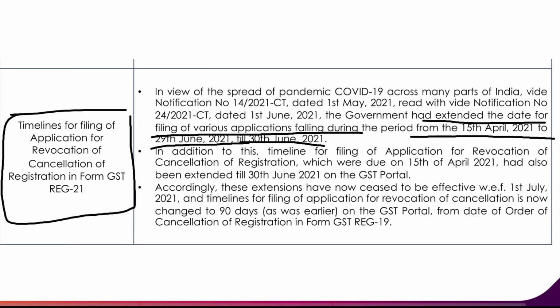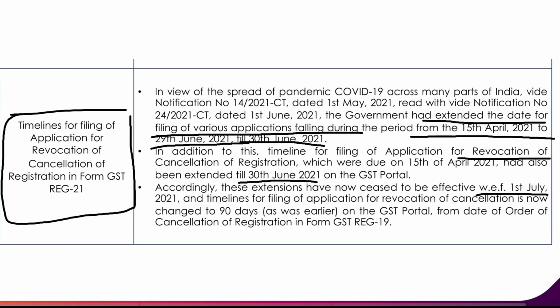If your registration was cancelled and you want to apply for revocation of the cancellation, then generally 90 days is applicable. During the pandemic period, from 15th April 2021 till 29th June 2021, the filing was extended till 30th June 2021, but all these extensions ceased with effect from 1st July 2021.